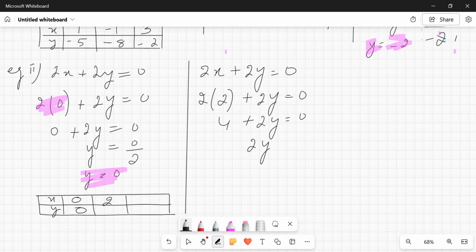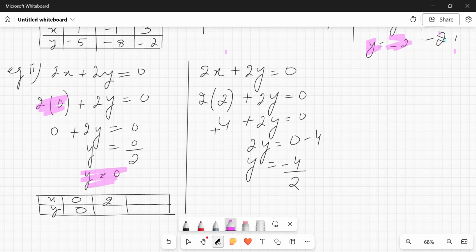So 2y is equal to 0, and here this is plus 4. When you shift from left to right, it becomes minus 4. So y is equal to 0 minus 4 gives you minus 4, divided by 2.